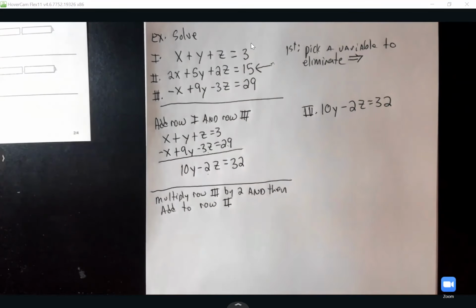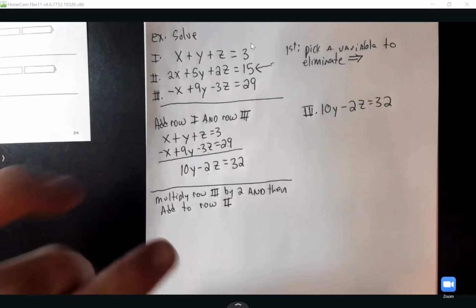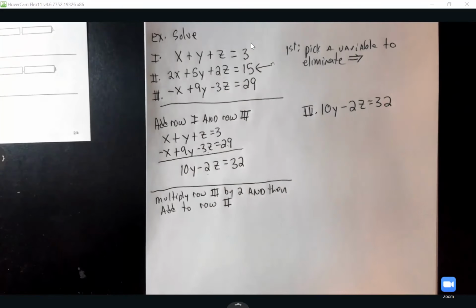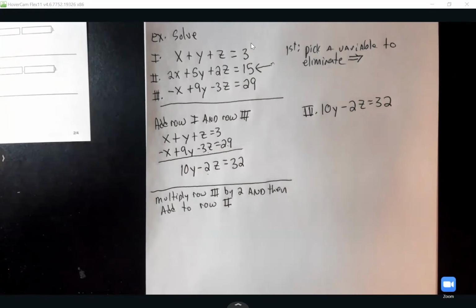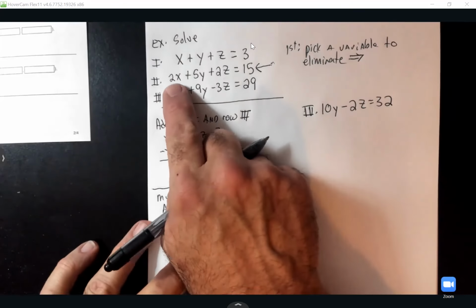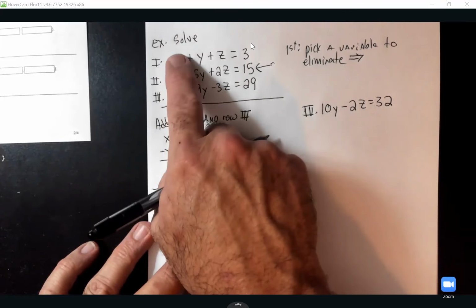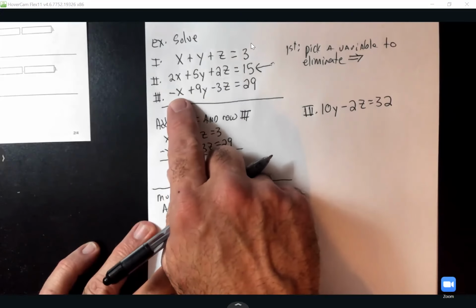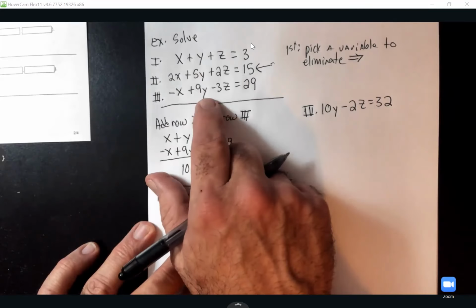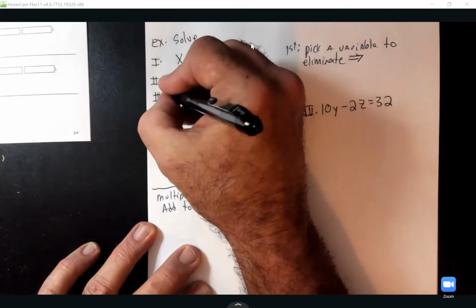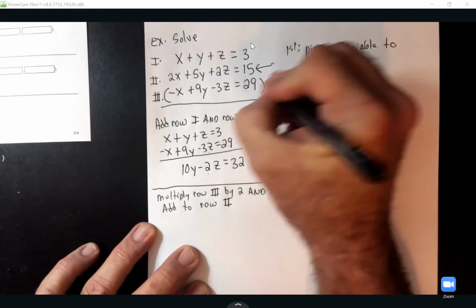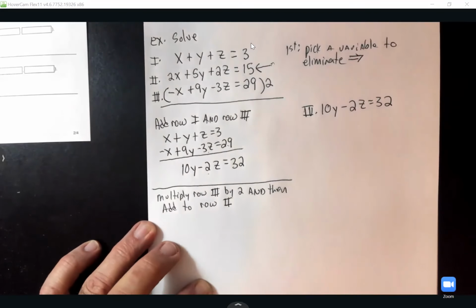So you got to do this twice because you got to use all 3 equations, okay? So pick any 2 the first time. After you do that, you got to use the other equation with either one of those. But notice, 2 didn't cancel with a -1 or a 1. So I definitely got to change one of these rows, okay? So we're going to come in here. We're going to roll this whole row by 2.